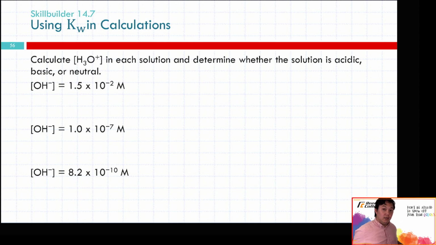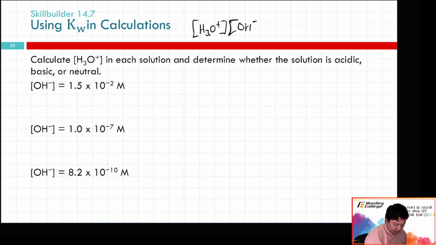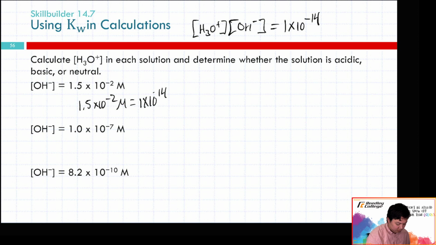So we can use this then to calculate, if we know the concentration of one, we can find the concentration of the other using exactly that equation, H3O plus times OH minus is equal to 1 times 10 to the minus 14. So we're going to do that here. If OH minus is 1.5 times 10 to the minus 2, we do 1.5 times 10 to the minus 2 times H3O plus equals 1 times 10 to the minus 14.